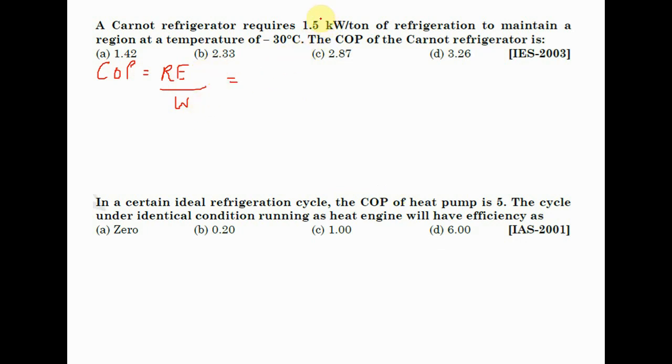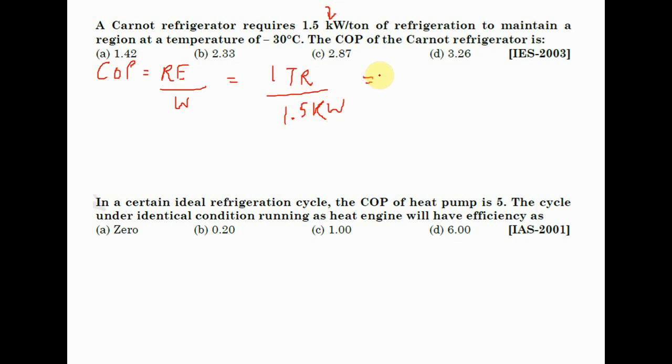If you read the question again carefully, it says that the refrigerator requires 1.5 kilowatts. It requires means the work input is 1.5 kilowatts per ton of refrigeration. So for 1 ton of refrigeration, that is a refrigeration effect of 1 ton, we require 1.5 kilowatts of work input.